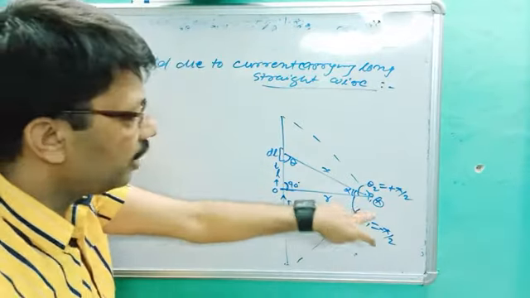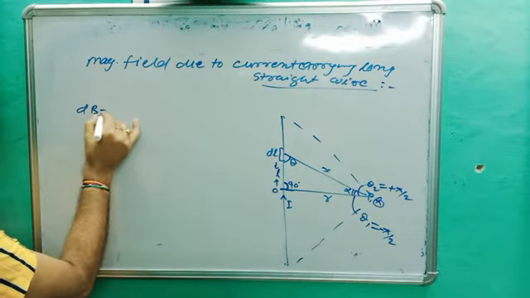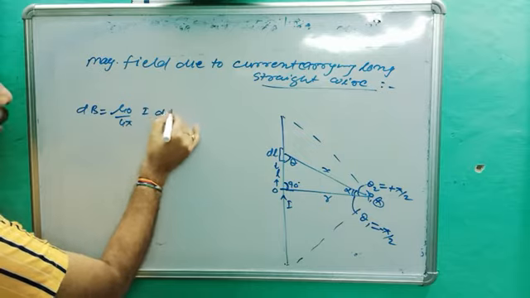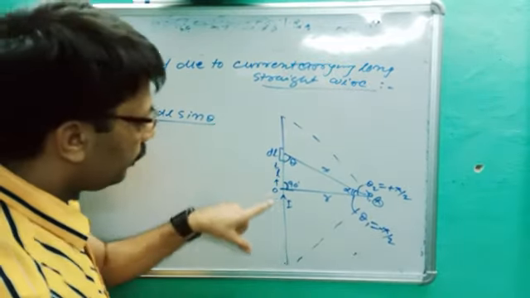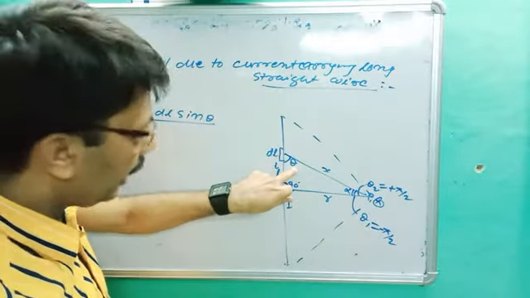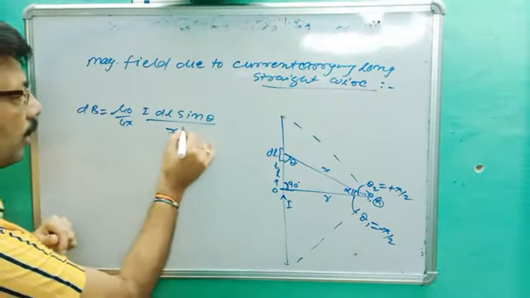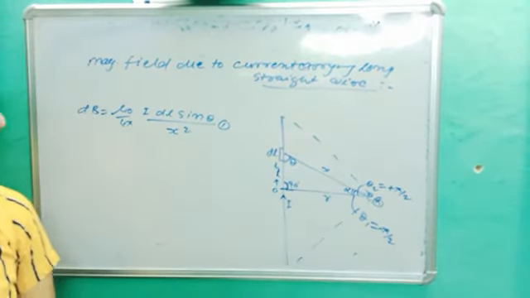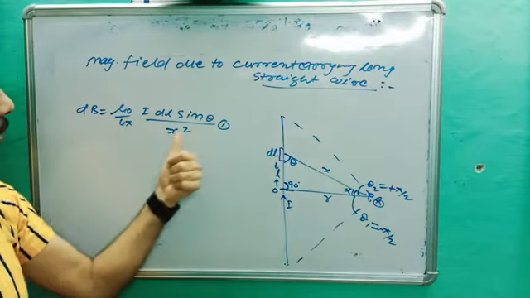The magnetic field at P due to dl, by the Biot-Savart law, is dB equals mu naught upon 4 pi times I dl sin theta upon x square.